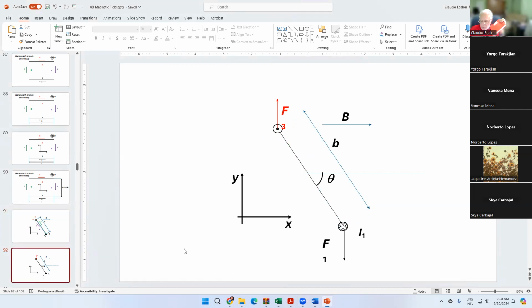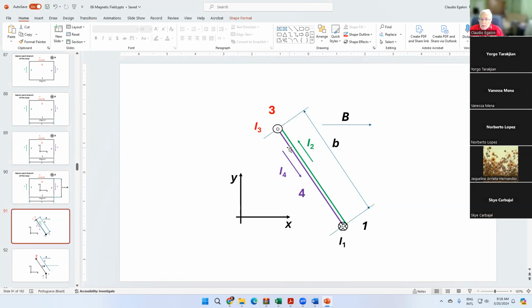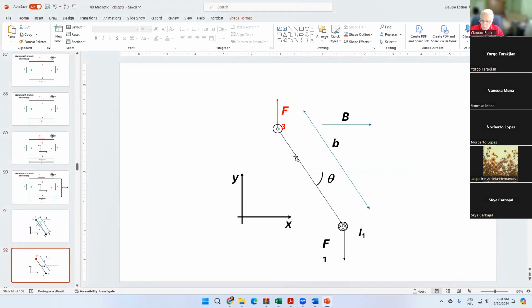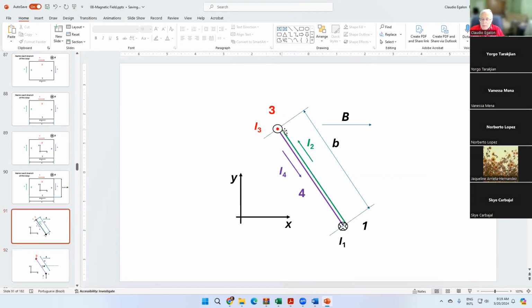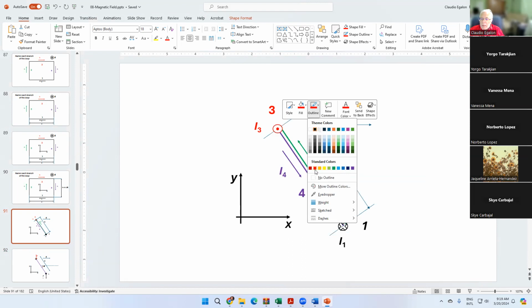And now I'm going to account for every force in my loop. I'm going to go back here and share the screen again. We will have to cross. Don't forget, in this case, this one is going to be red as well, to make it better.